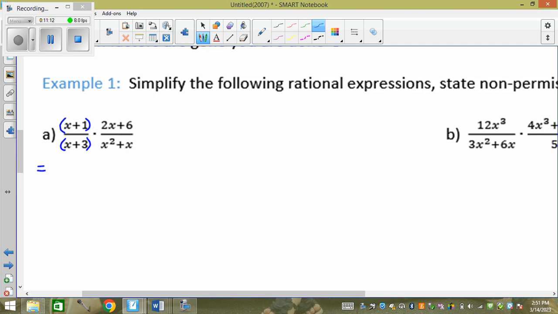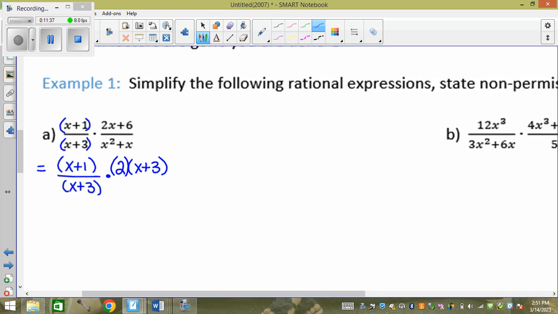So actually on the top I have x plus 1. In the denominator I have x plus 3. I have a dot in between. What can I do to the numerator on the right? Take out a 2. And I'm left with x plus 3 in brackets. And then I can put the 2 in its own bracket.